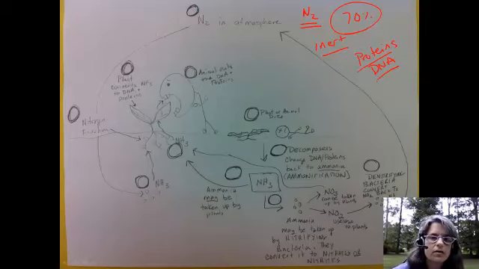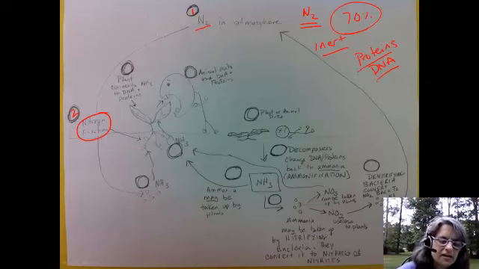So here's how it works. This is where we start our little diagram. I'm going to put a number 1 there. Now, this is number 2. Okay? Nitrogen fixation. Nitrogen fixation is when this unusable nitrogen gas is taken by tiny bacteria that live associated with the roots of certain plants.